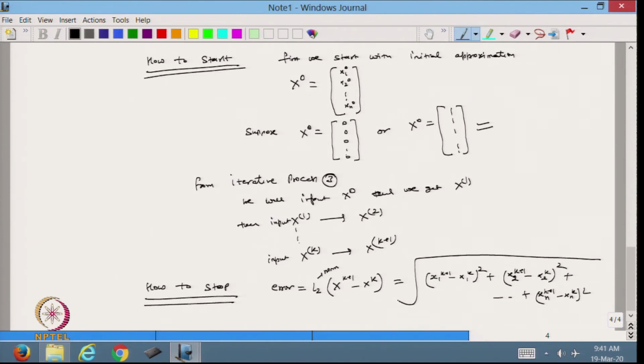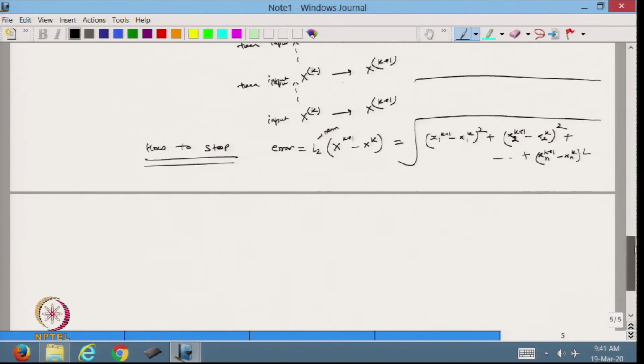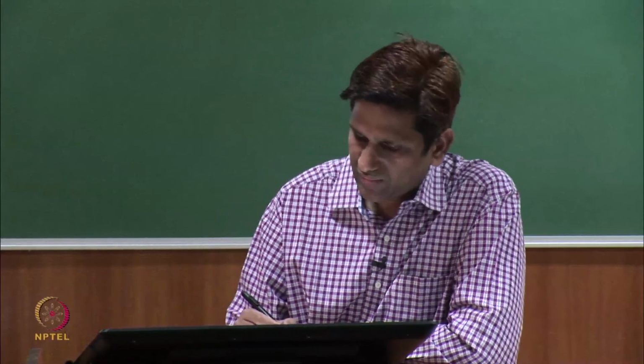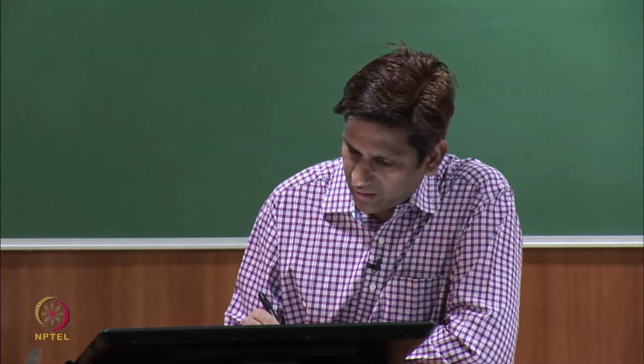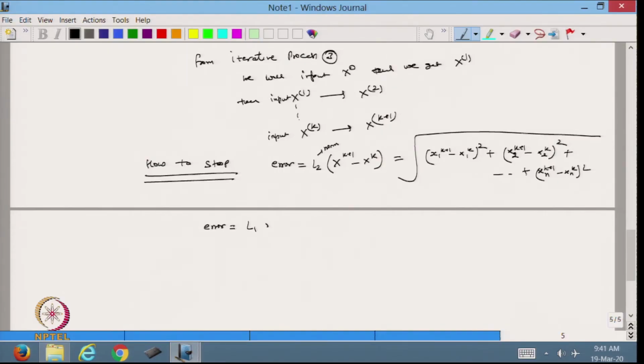So, this is called the L2 norm, or in other books we can also take the error as the L1 norm. L1 norm means I am taking the modulus of x1 k plus 1 minus x1 k, plus the modulus of x2 k plus 1 minus x2 k, and so on up to xn k.